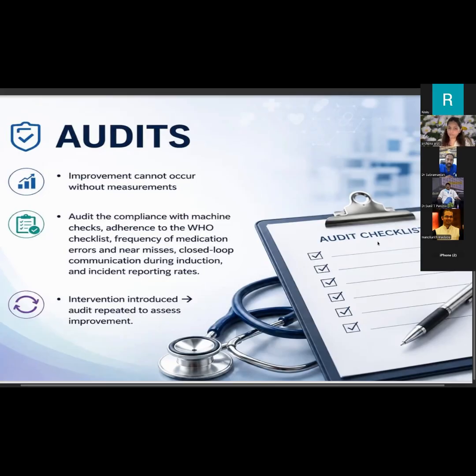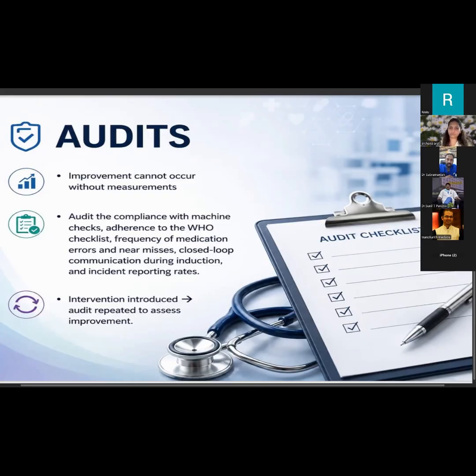After introducing an intervention, the audit should be repeated to assess whether the practice has improved among the consultants. This completes the audit cycle, and it drives continuous quality improvement.